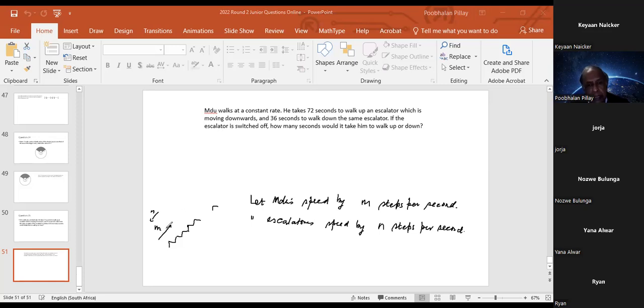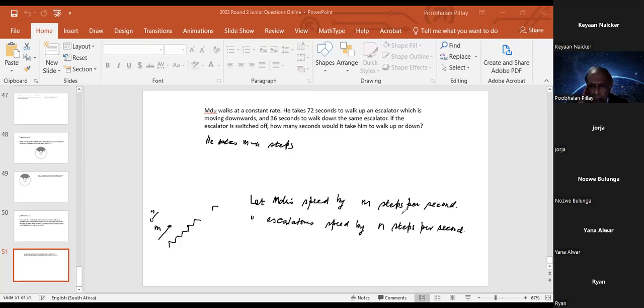So what happens is that his actual speed, because in 1 second, n steps disappear behind him, and m steps is only moving up. So when this thing is going down, the number of steps per second he takes is m minus n steps.